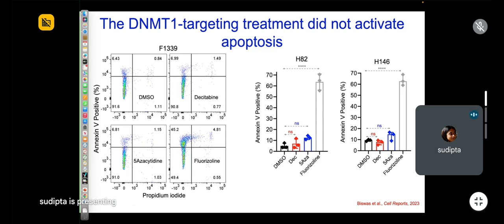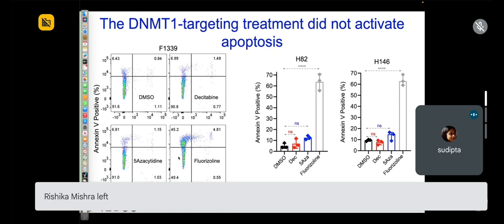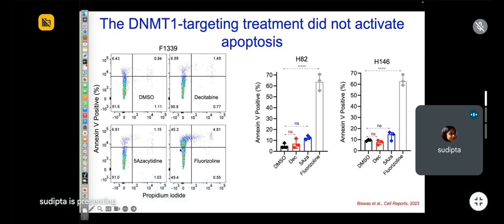This is the early apoptosis marker, and you can see the vehicle and treated groups are similar, whereas the positive control shows an increase in apoptosis, which we expected. These other two cells did the same. So the positive control showed apoptosis, not the drug.